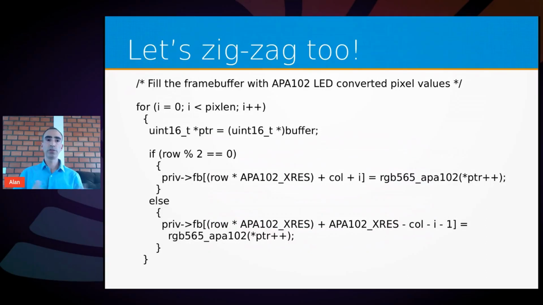So I implemented this zigzag in the source code. I detect the row: if it is an even row, I keep the normal buffer direction; if it's an odd row, I go in the inverse direction. So instead of reading the buffer starting from column 0, I start from the last column and move to the first column.